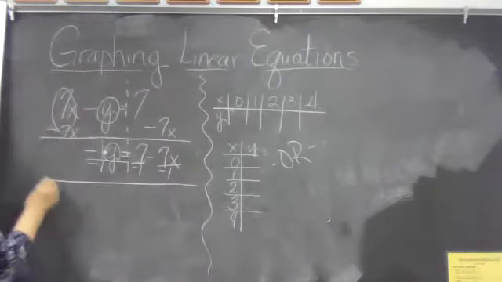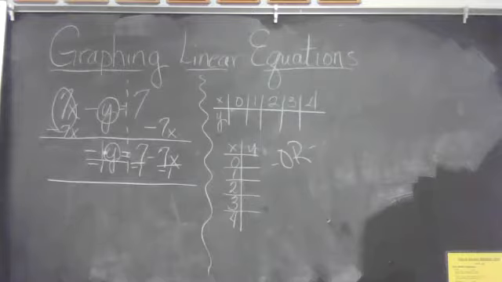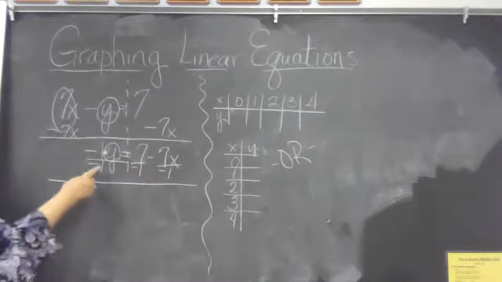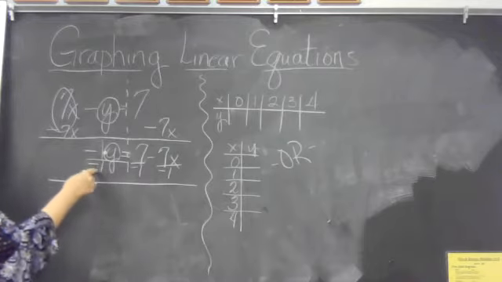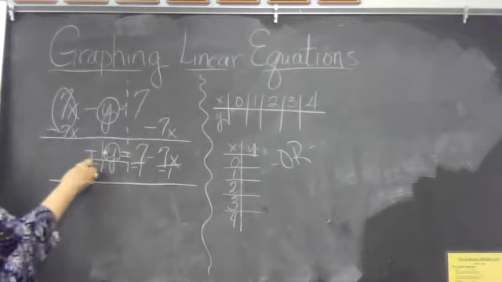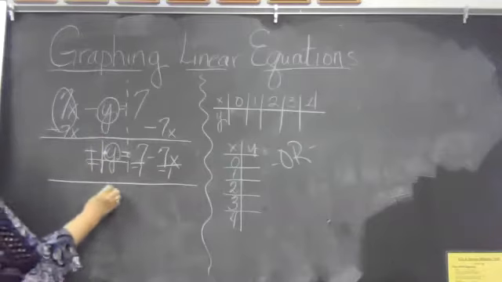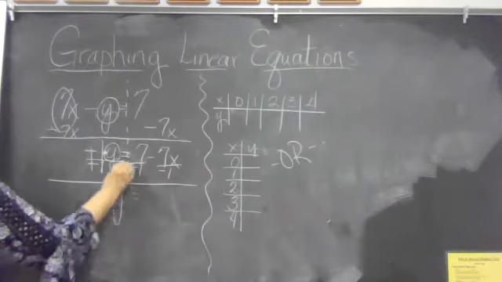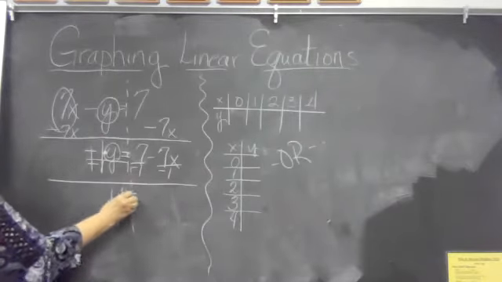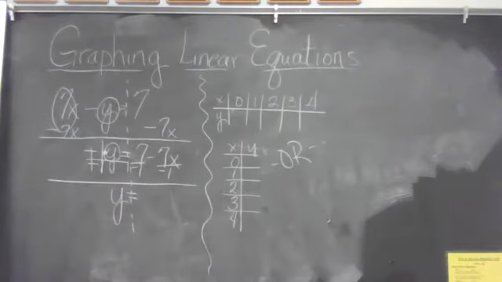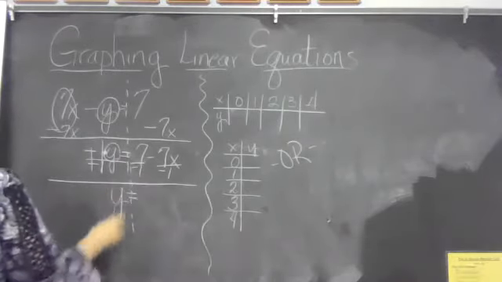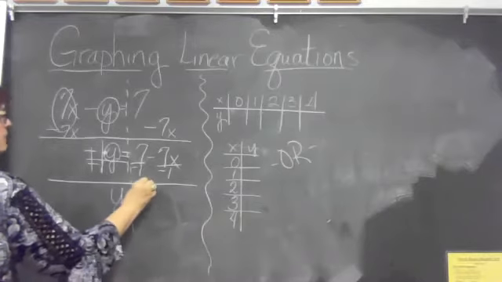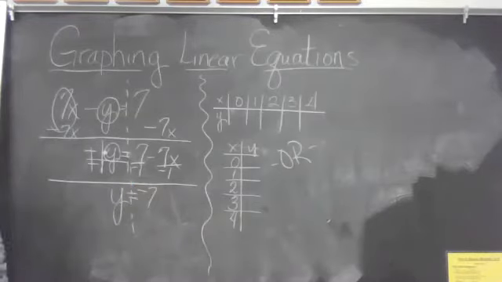So let's see what we end up with as an equation to work with to fill out our T-charts. When I divided by a negative 1, the negatives cancel and the 1s cancel, and now I do have that Y. The Y is equal to 7 divided by negative 1, which is negative 7.